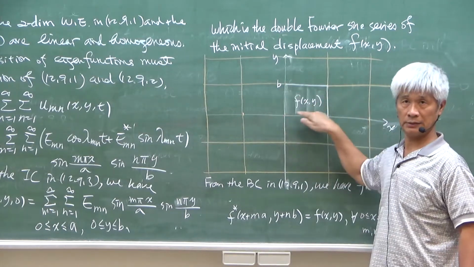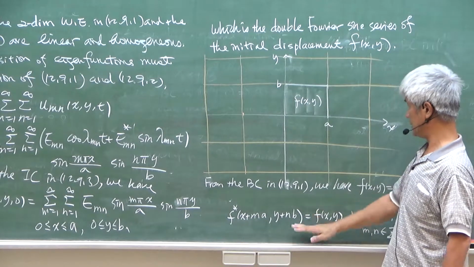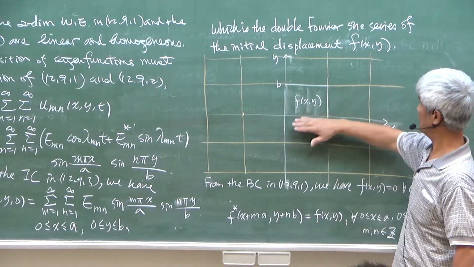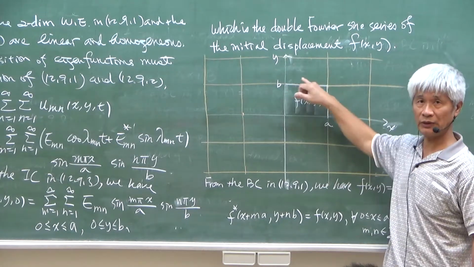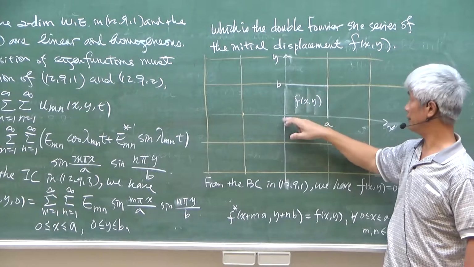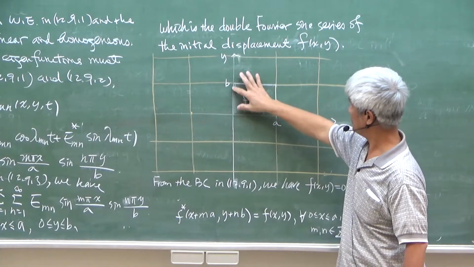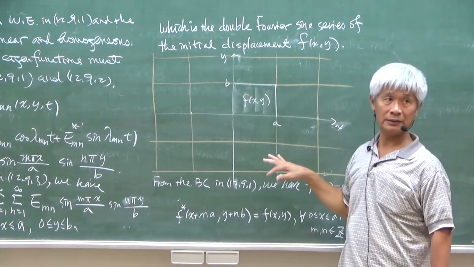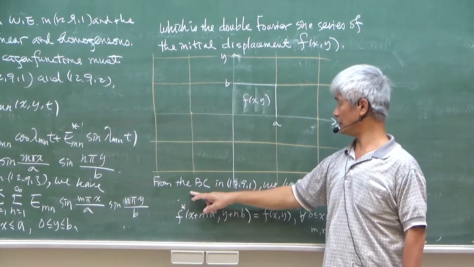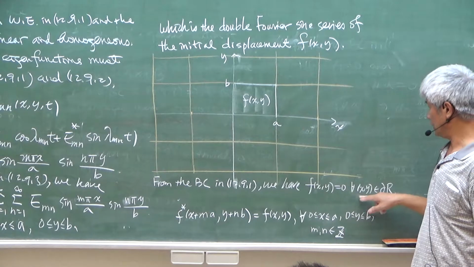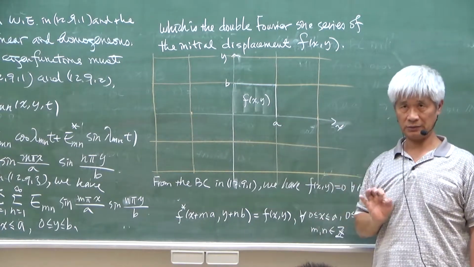So f star is 0 on the boundary. This is indeed periodic, because when you move to here, the value on this boundary will be equal to the value on this boundary, right? The value around the line will be the same as here, because we want to repeat them. For our case, from the boundary condition, at the boundary points, the f function values are all 0.